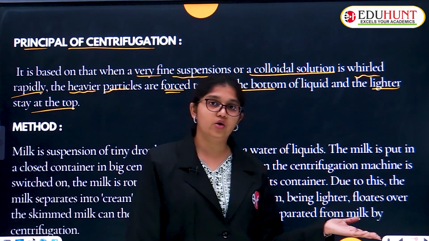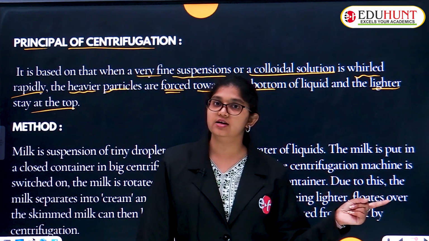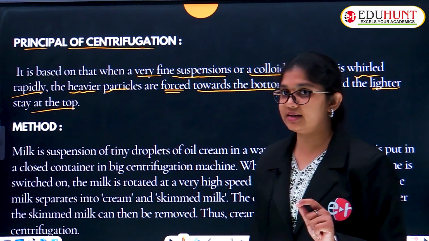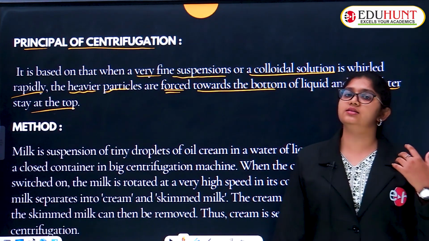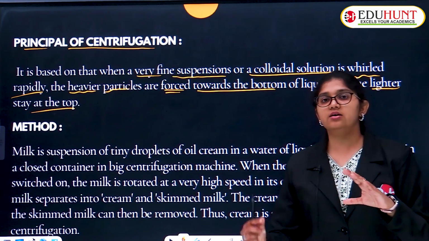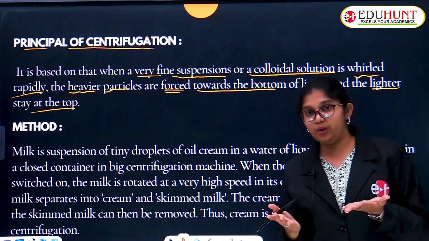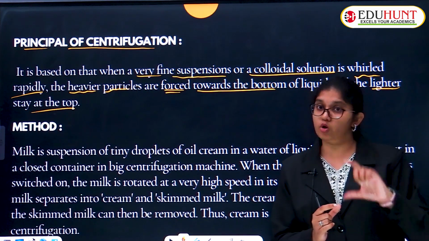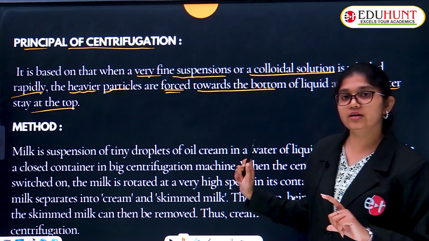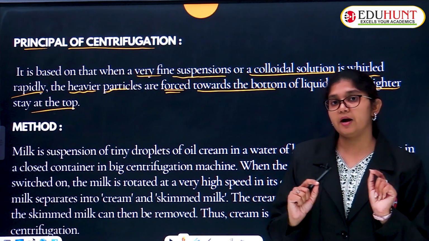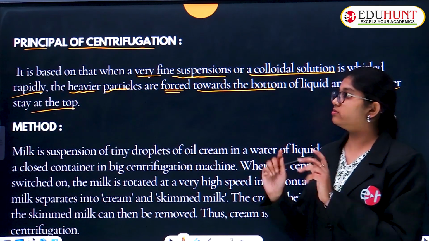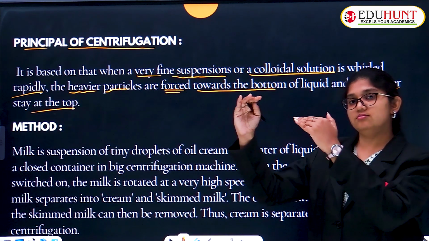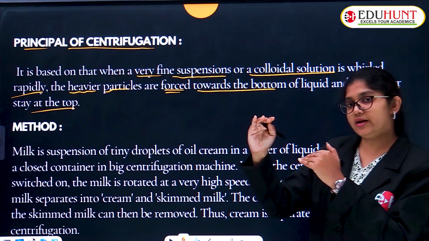As with oil and water, the oil has less density compared to water. Similarly, in blood or milk, the heavier particles settle down at the bottom of the centrifugation tube, but the lighter particles stay at the top of the test tube.